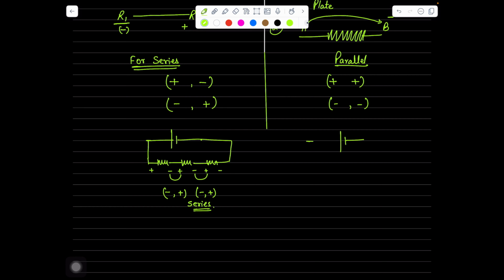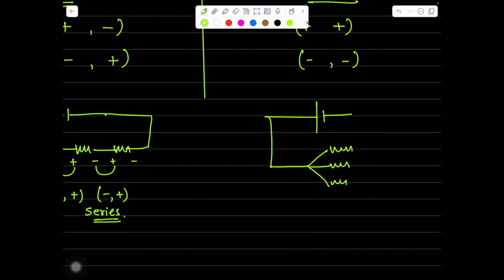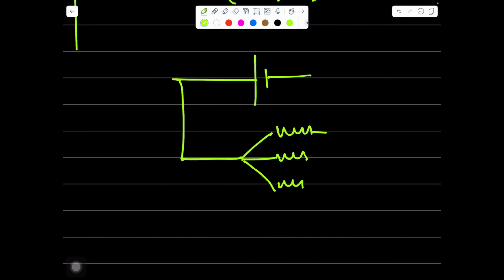Let's say positive, negative. Here I'll make a circuit with 1, 2, 3: one resistor, one resistor, one resistor. I'll make it big so that you can understand easily. Just try to understand this part. The current is coming from here, and let's change the color. From here positive, from here negative.